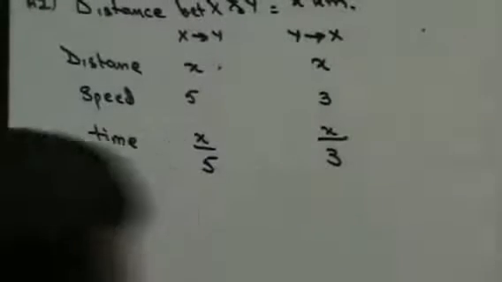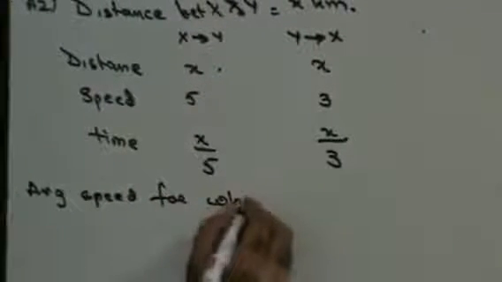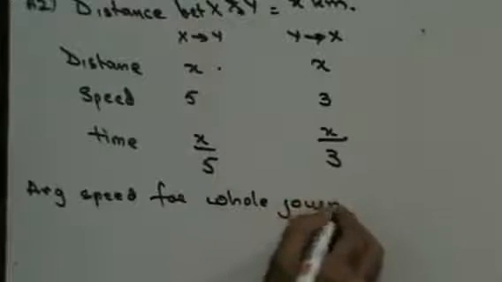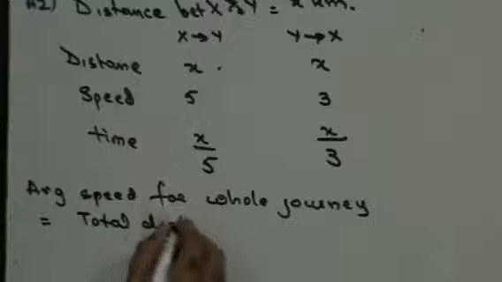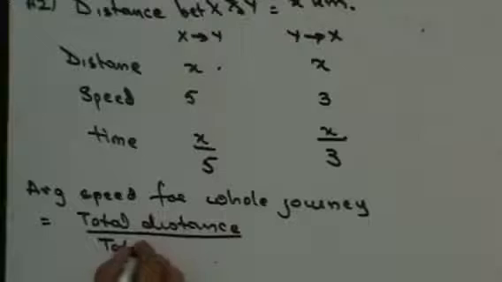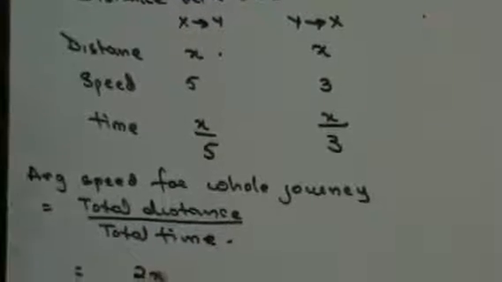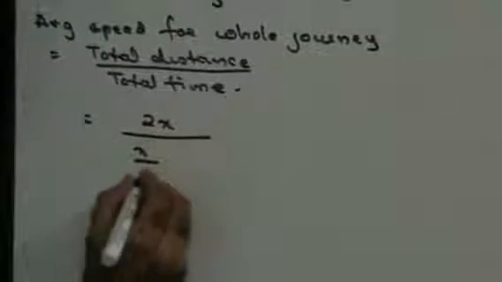Now, you have to find out the average speed for the whole journey. Average speed for the whole journey is total distance upon total time. Total distance that he is going to cover is x plus x, 2x. x for going, x for coming back. Total time is x upon 5 plus x upon 3.